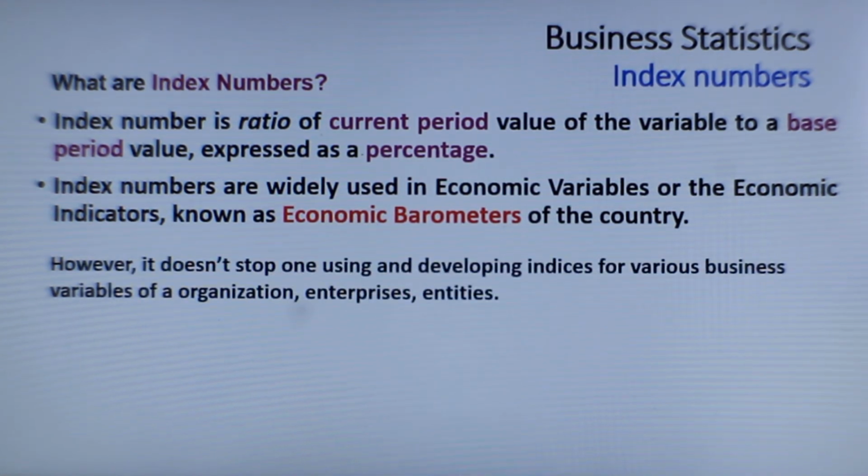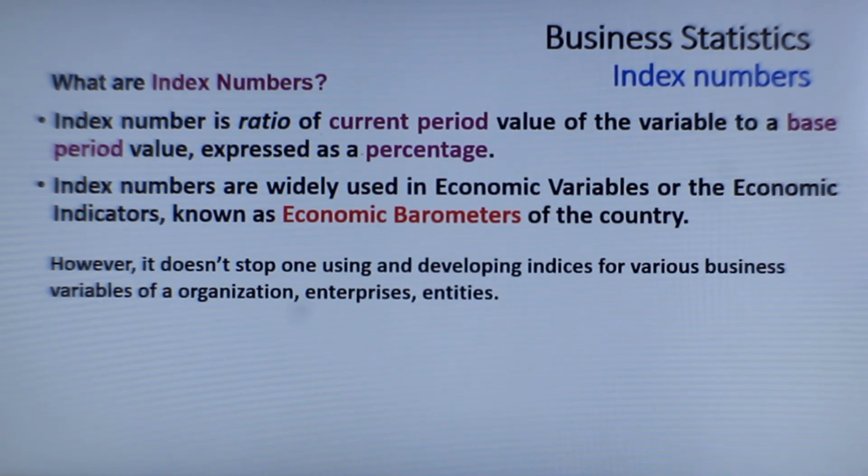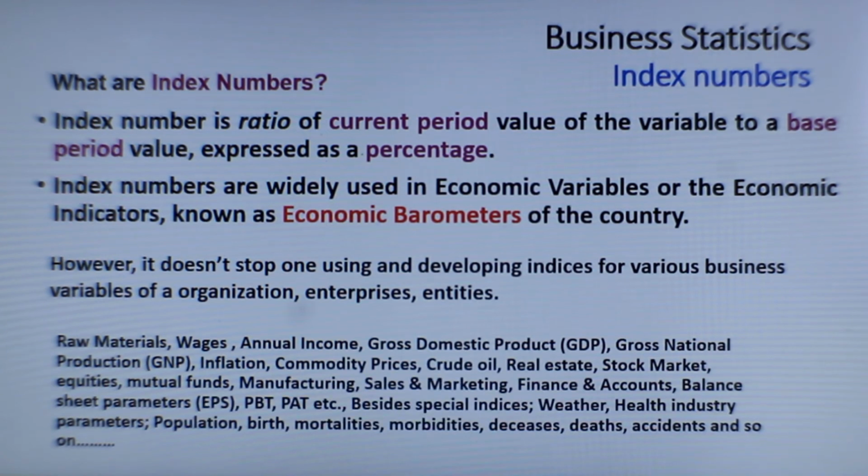However, it doesn't stop one from using and developing indices for various business variables of organizations and enterprises, like say raw material, wages, annual income, gross domestic product, so many things. Manufacturing vertical, sales and marketing, finance, shares, balance sheet parameters, profit before tax, profit after tax, like that. There are so many business parameters for which indices can be developed.